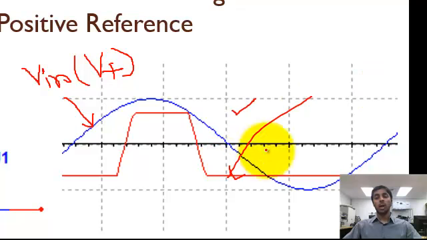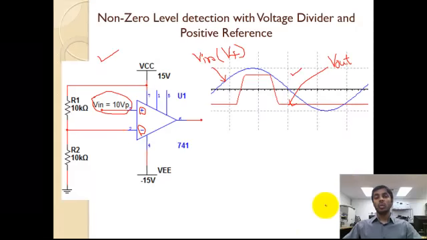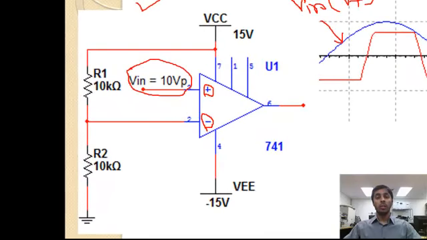The red one is the output signal. No terminal is grounded, so this is not a zero level detector, and this is still a comparator because there is no feedback in the system.